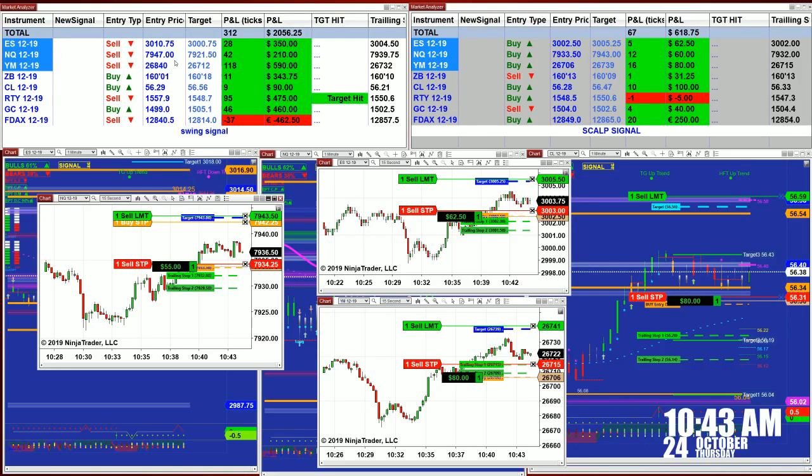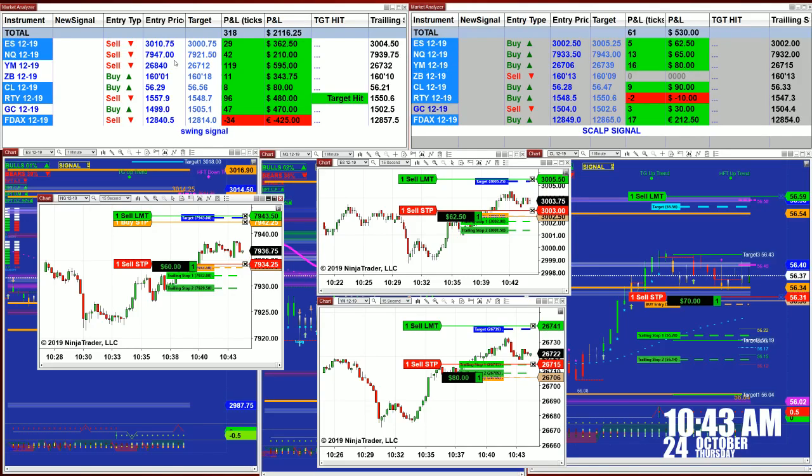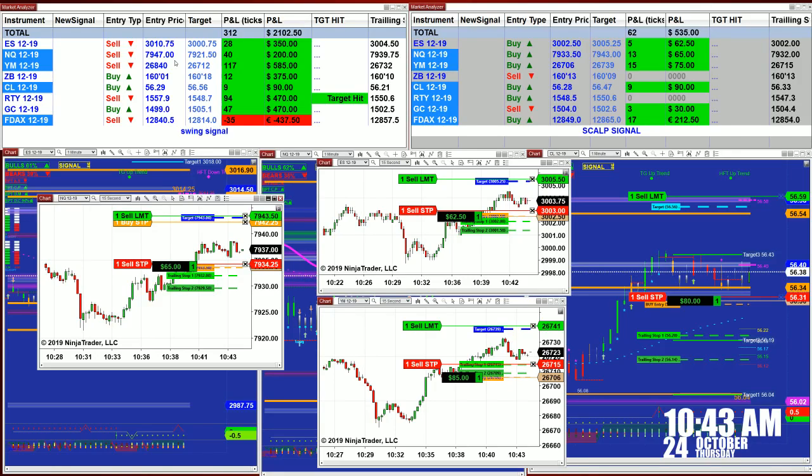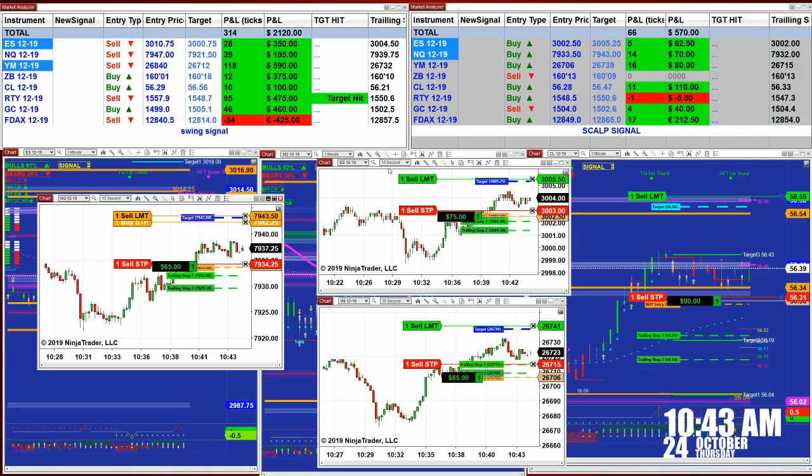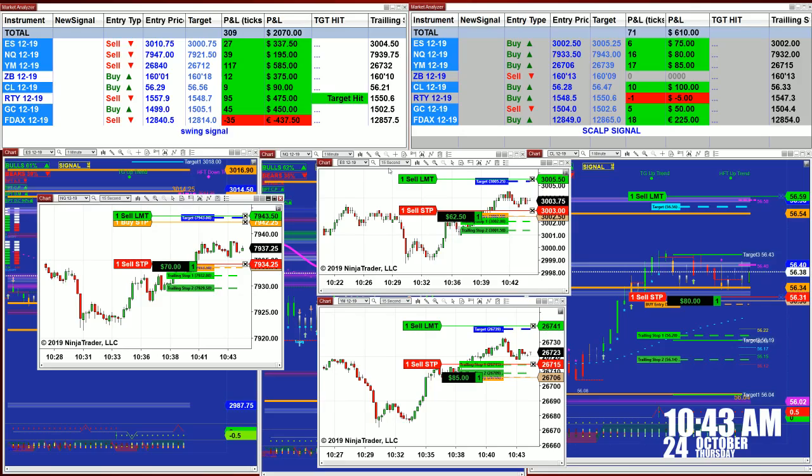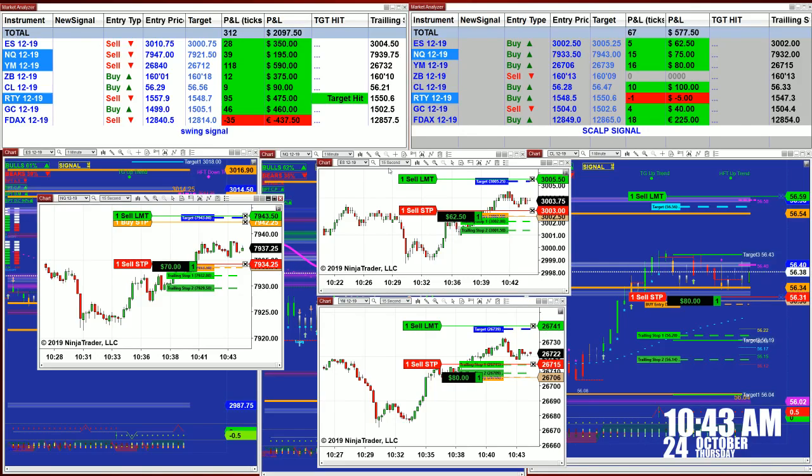Even when the market is dead at the moment, you can still pick up the ticks here and there. And it is very flat right now, the market. And if you notice, we are using 15 seconds on that, and you can see how flat the market is.